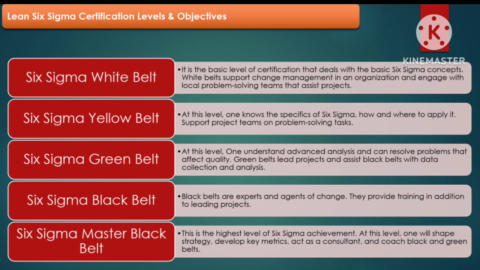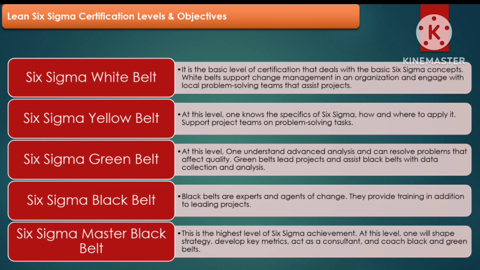It starts from white, yellow, green belt, black belt, and master black belt. Today we are talking about the first foundation of the Lean Six Sigma program, the white belt program. I will come up with further levels of the program soon.